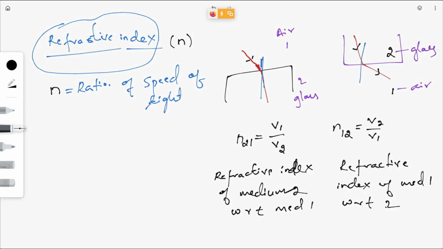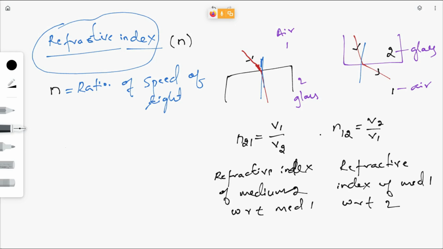Okay, n21. What is n? N is the refractive index. N21 is refractive index of 2 with respect to 1. N12 is refractive index of 1 with respect to 2.